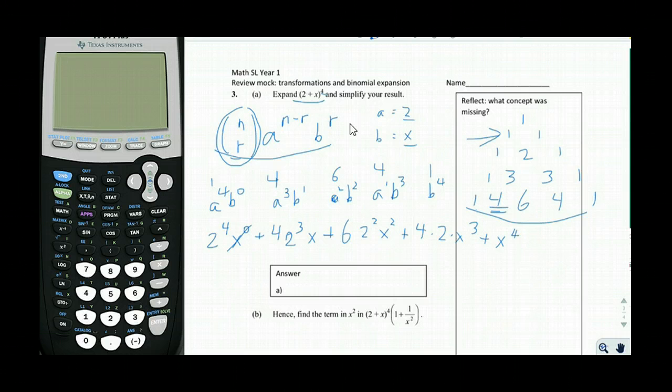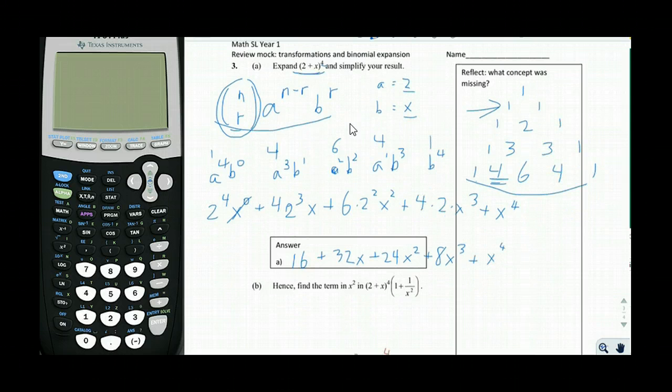Okay, and then we can simplify this. 2 to the fourth is 16. 4 times 2 cubed, 2 cubed is 8, so 4 times 8 is 32. 6 times 2 squared, 6 times 4 is 24. 4 times 2 is 8. And finally x to the fourth. Okay, so that is the expansion of 2 plus x quantity to the fourth.